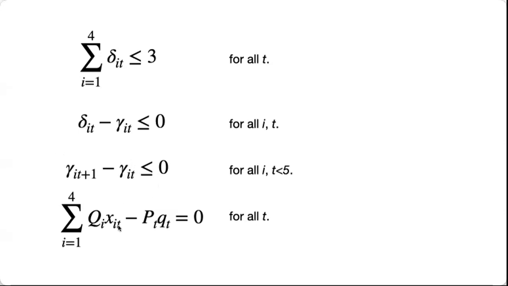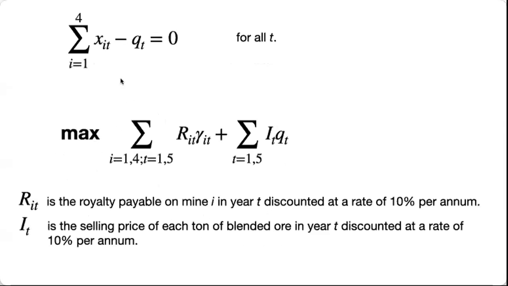Also, we have a condition for the quality of the ore we extract, and this condition represents that one. So for the objective function, we want to maximize revenue plus the royalty fee.